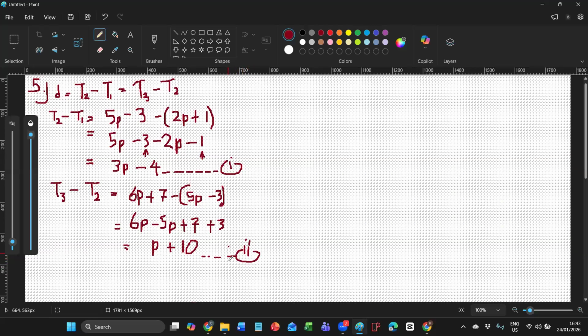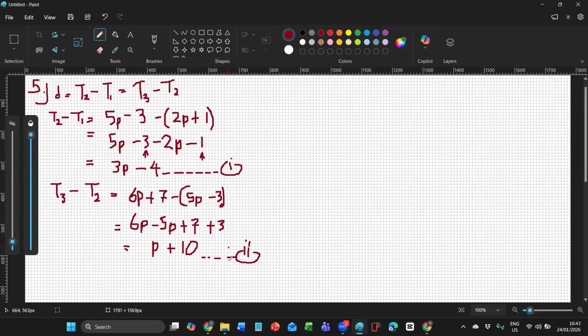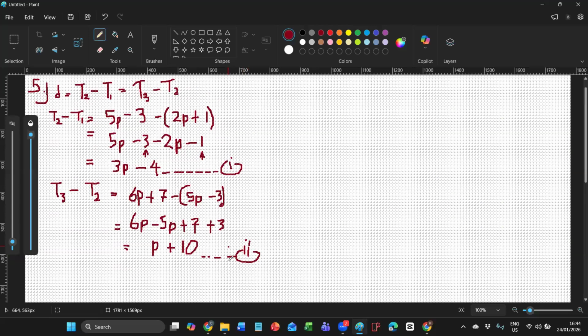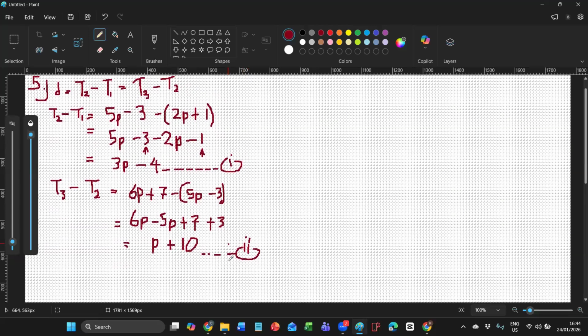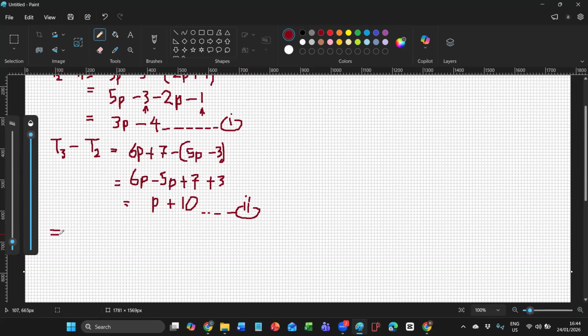So we now proceed as expected. Both of them are the common difference. If it's the same arithmetic progression, then they should be exactly equal. This implies that equation 1 should be equal to equation 2, based on the principle of equality.